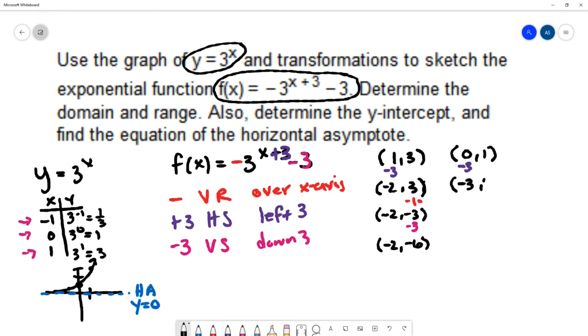That gives negative 3, 1. Then we're going to do our reflection, multiply negative 1 times the y. That's negative 3, negative 1. And then finally, we're going to shift down 3. So we subtract 3 from our y. And that moves us to the point negative 3, negative 4.